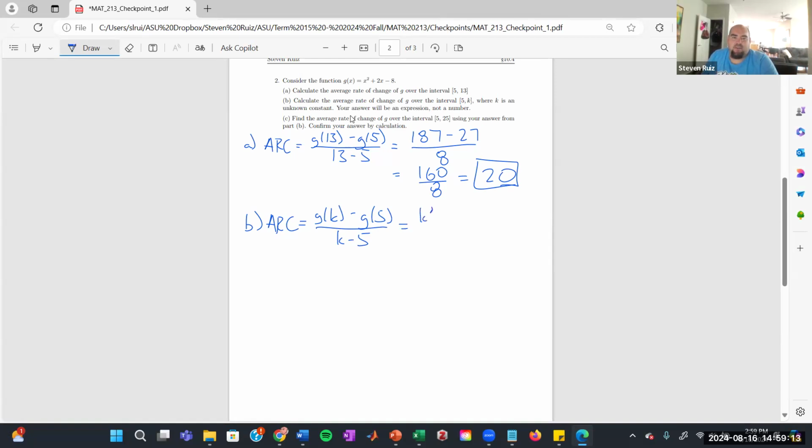I get k squared plus 2k minus 8. This equals k squared plus 2k minus 8, minus whatever happens when I plug in 5, which we've already done, so might as well use it. That is 27.